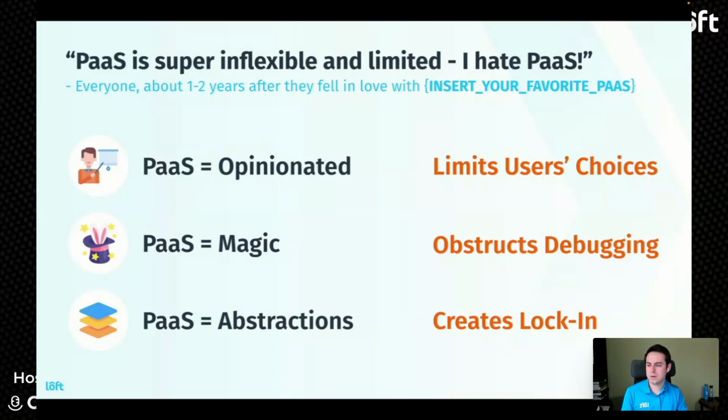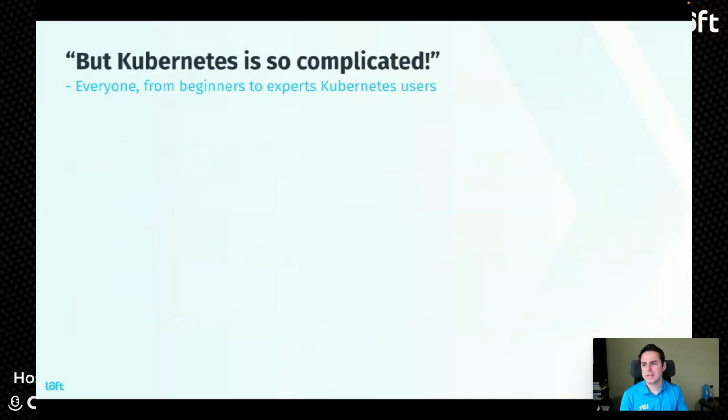And then once you get to the point where that magic and the fact that the PaaS is so opinionated and limiting you in certain ways, that lock-in becomes problematic. Even if it's an open source lock-in, it is often problematic to have that lock-in because you're doing things a certain way, and you're really bound by the ways of your PaaS.